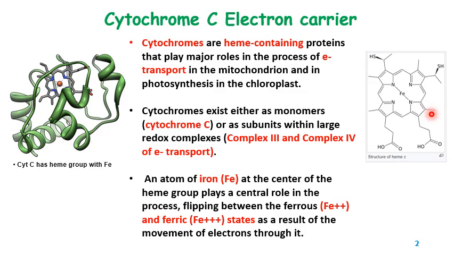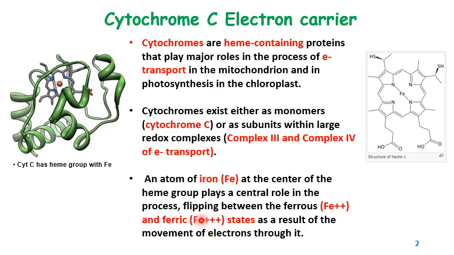When you look at a heme protein, so heme is a protein, has amino acids, right? When you look at a heme protein, you're going to see that in the center you have an iron molecule in case of cytochrome C. And that iron is extremely important to transfer electrons.